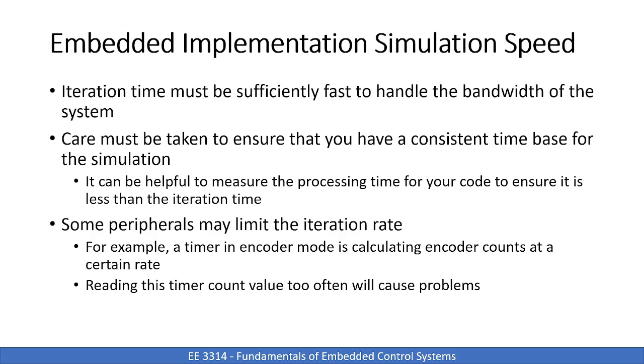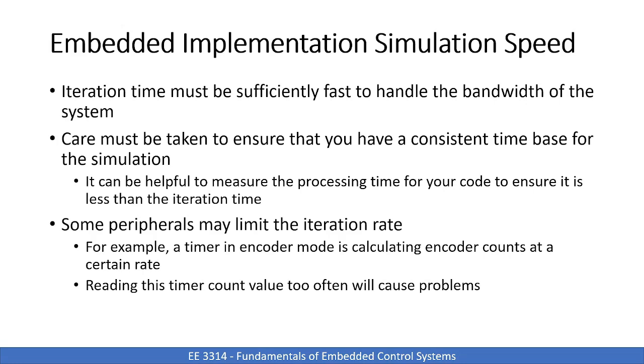What I like to do is output to the console what that calculation time is. For all these calculations for the controller and the simulation, I like to get a time delta, and just make sure that the processing time for all the code is significantly less than the iteration rate.